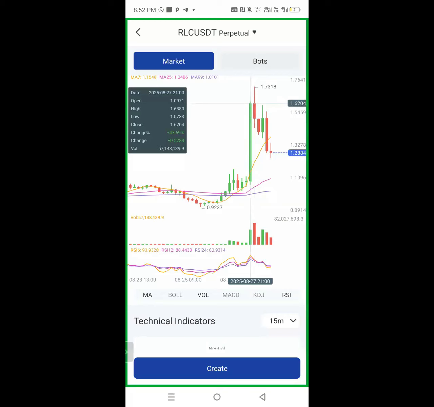You can see the RSI 6 is 93. If you see RSI 6 at 93, you can short the market, because remember 80 to 100 is overbought. When you short the market, you see that from here it went from 1.620 and still went up to 1.73. That is where your margin will help.